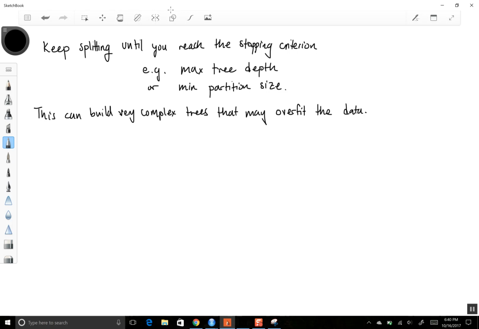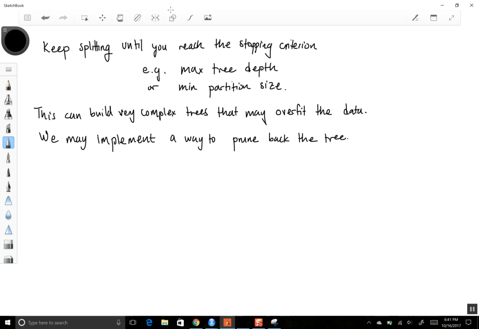So we might implement a way to prune back the tree. We're using these kind of gardener analogies here.